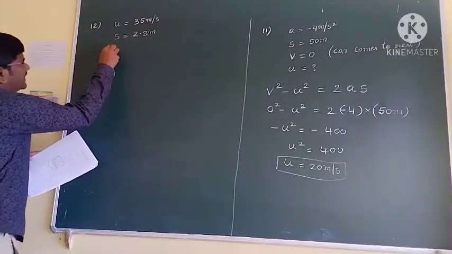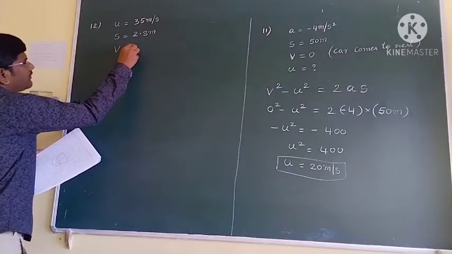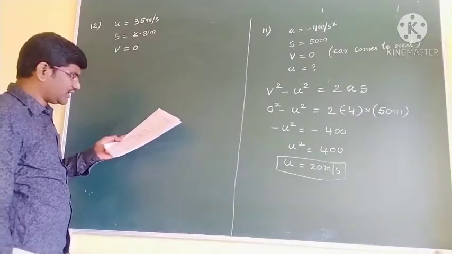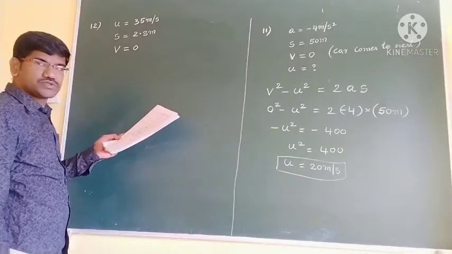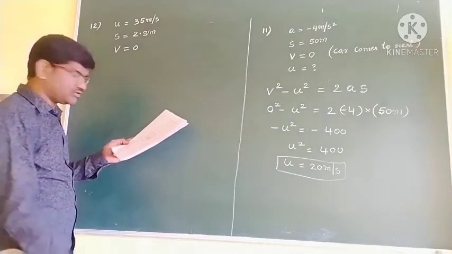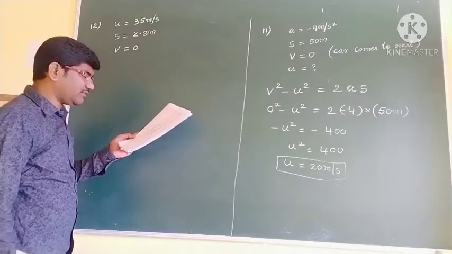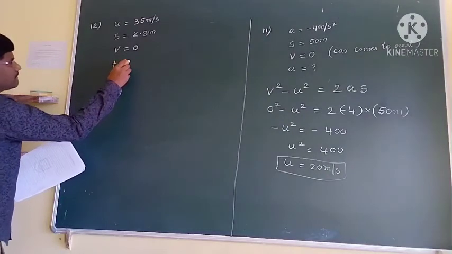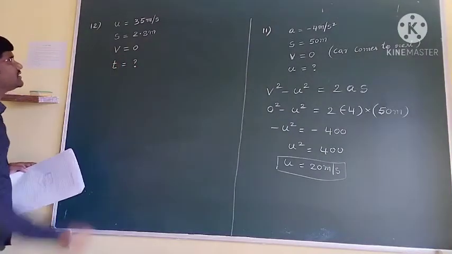And they are telling that it is finally coming to rest, so final velocity is 0. Assuming uniform retardation, so its speed is decreasing uniformly. Find the time of penetration of the bullet. Question mark is t.